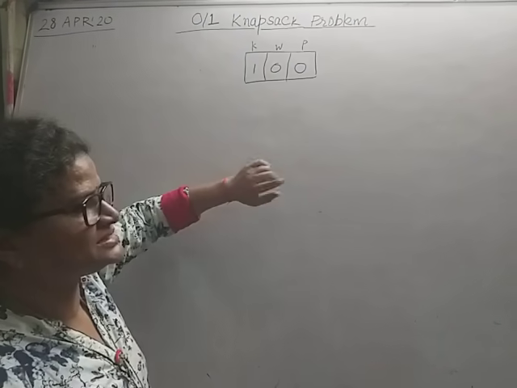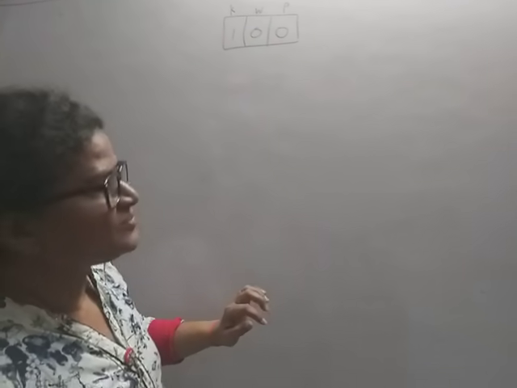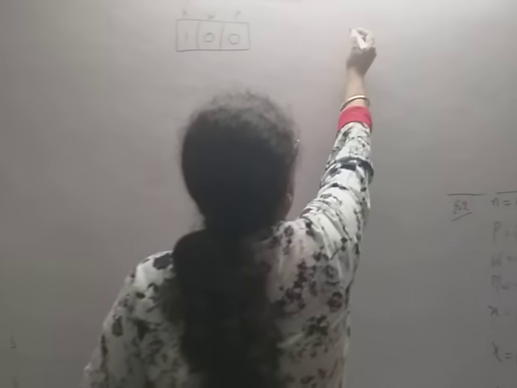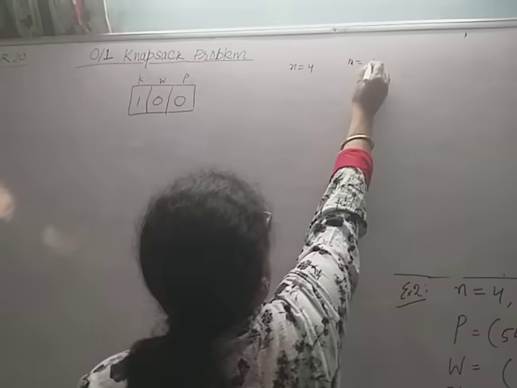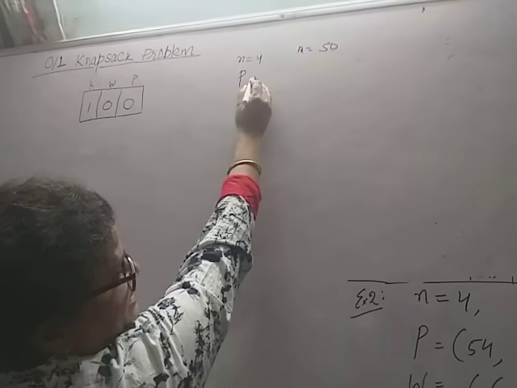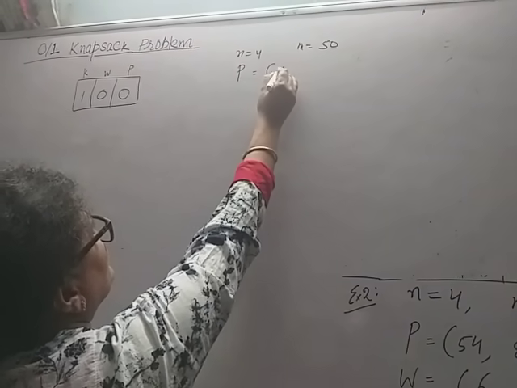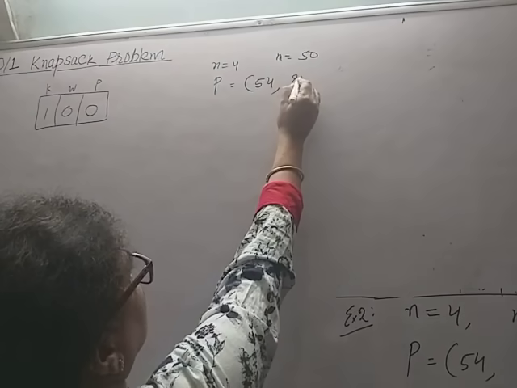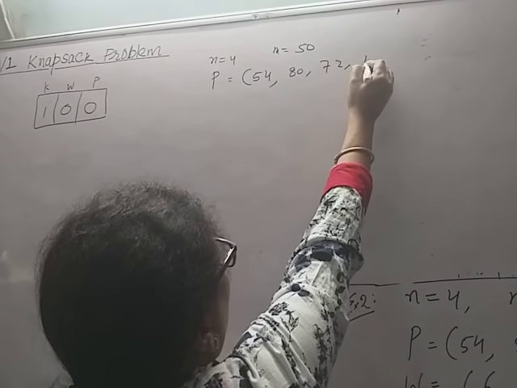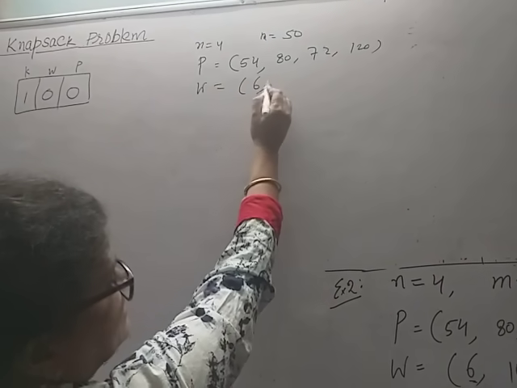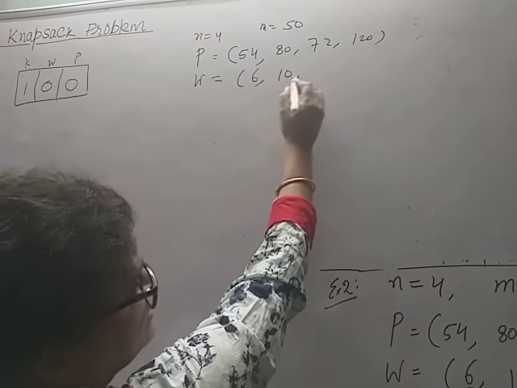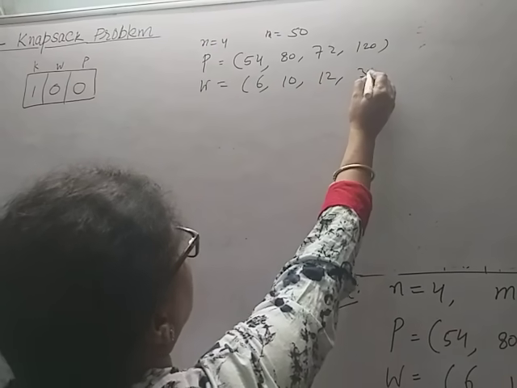Here I am writing n equal to 4 and m equal to 50, p is 54, 80, 72 and 120, and W equal to 6, 10, 12 and 30.